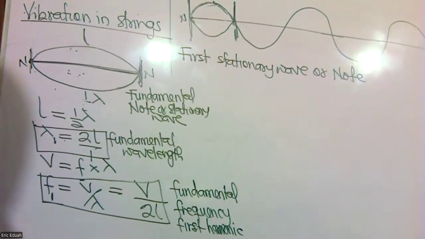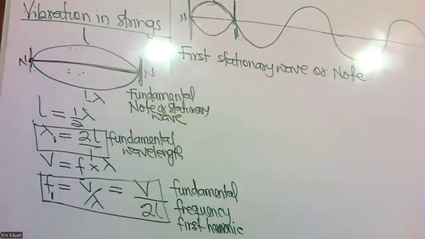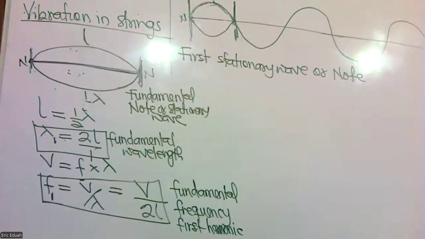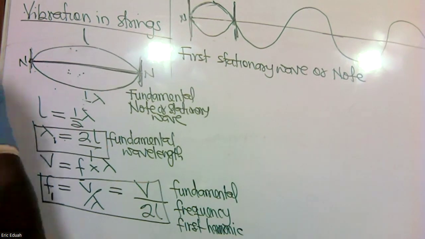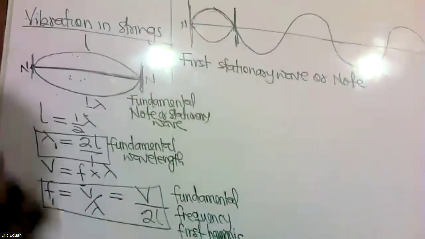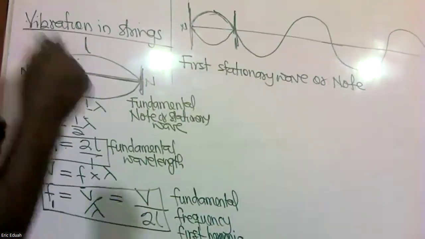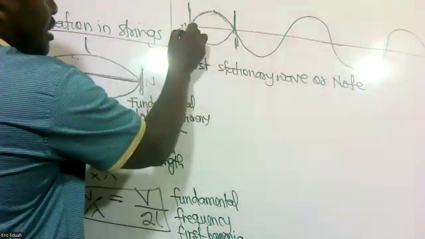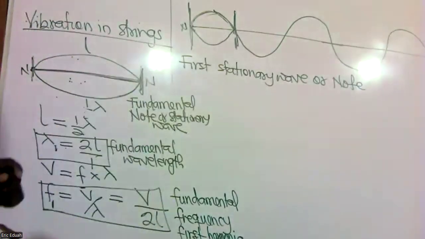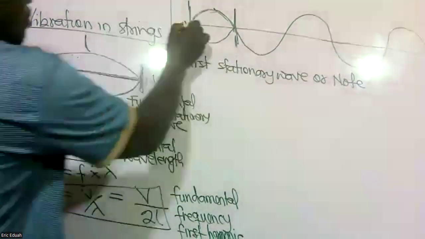Okay, so if there is no question, let's look at the second possible stationary wave that will be formed. I said one disturbance of the medium creates a continuous sound. So the second possible stationary wave that will be formed is this. The second overrides the first.